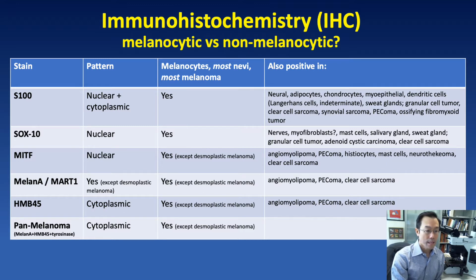And of course, no stain is 100% sensitive or 100% specific. So the column on the right here lists some of the normal other types of cells, corresponding tumors, and some specific examples of tumors that stain with these so-called melanocytic markers, but are not melanocytic tumors.